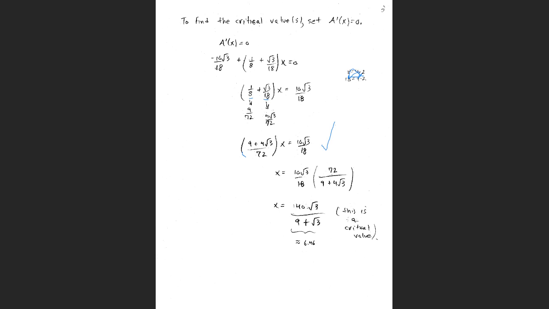All right, and to get x by itself, I multiply this equation by the reciprocal. The 18 and the 72 reduce to 4 and 1. And so x will equal 40 root 3 over 9 plus 4 root 3.